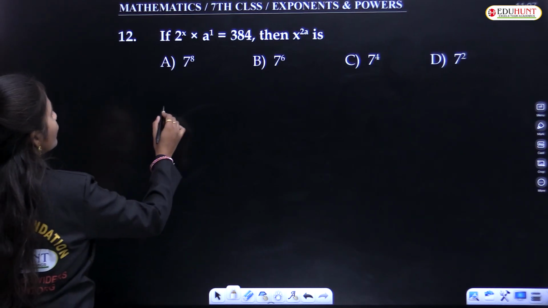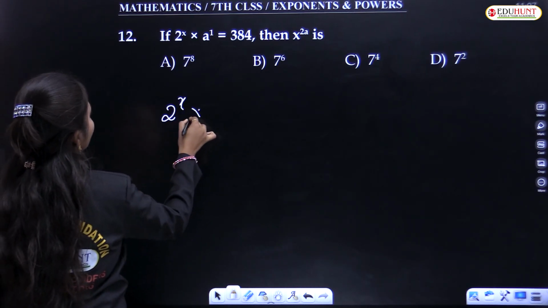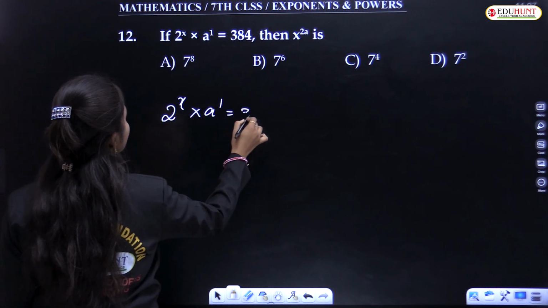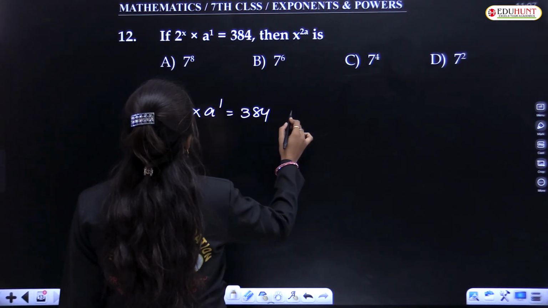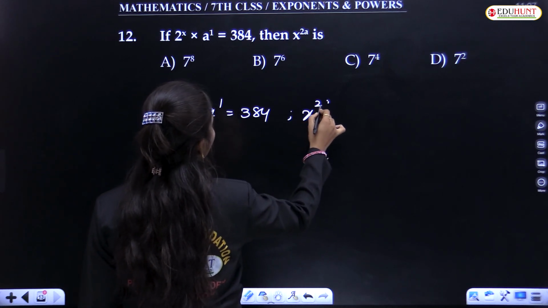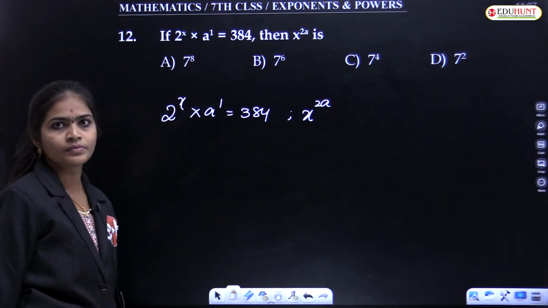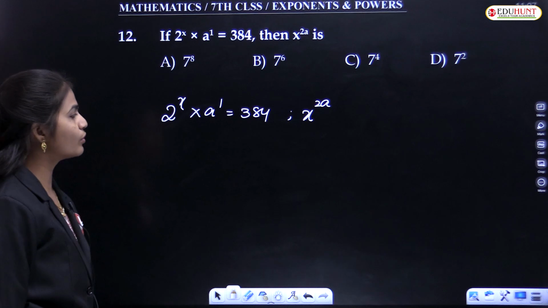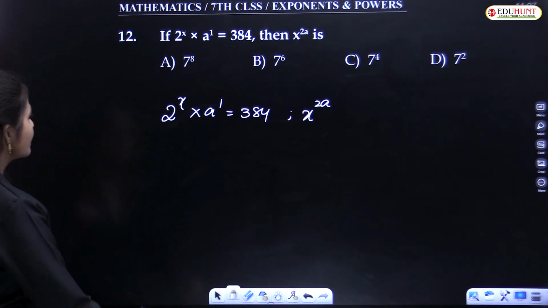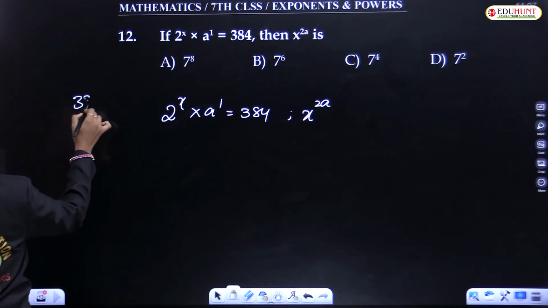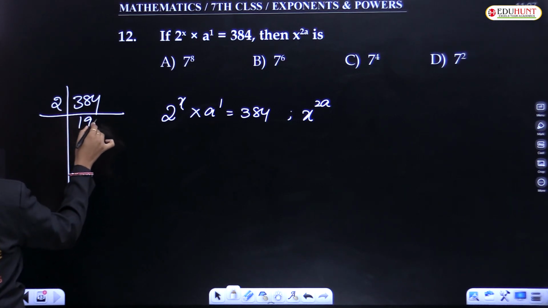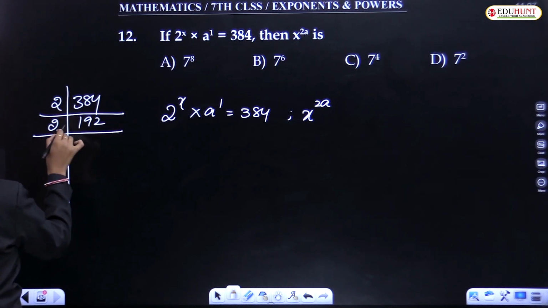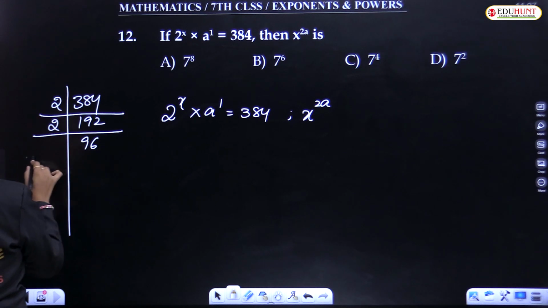So here 2 power x into a power 1 is equal to 384. We need to find the value of x power 2a. So how can we write 384? Just take the prime factorization of 384. 2 19s are 38, 2 2s are 4, and here 2 9s are 18, 2 6s are 12.